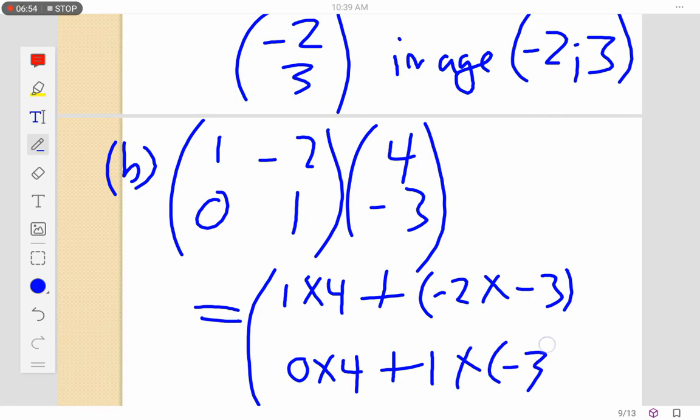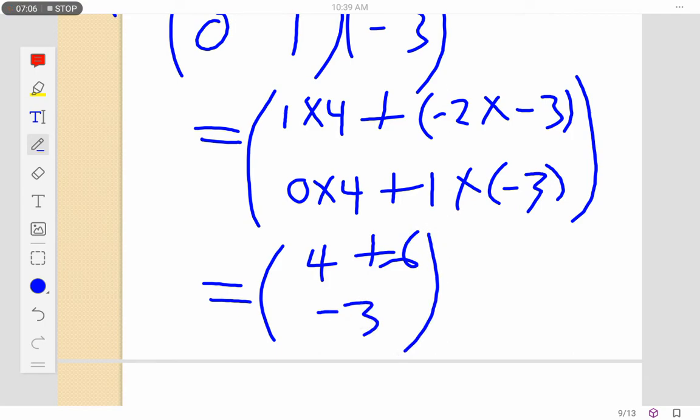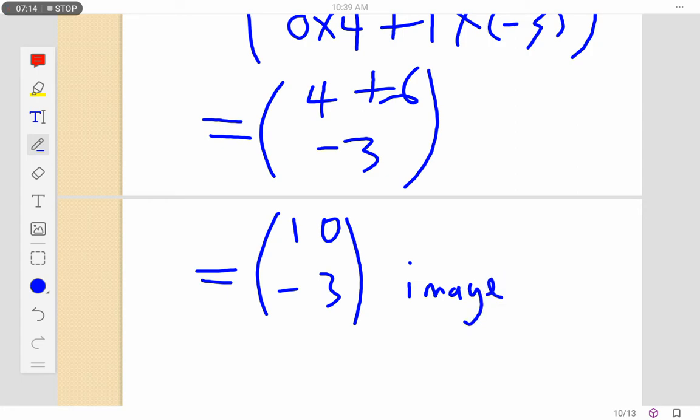Then we'll get 4 plus 6, and minus 3. So at the end of the day, we get 10 and minus 3. So the image is (10, -3). Let's go to the last question.